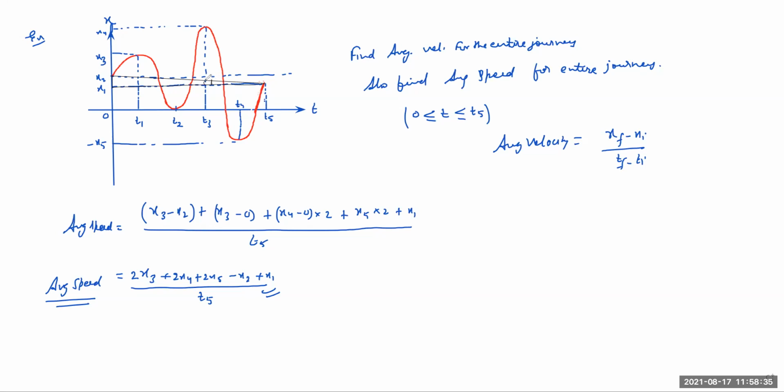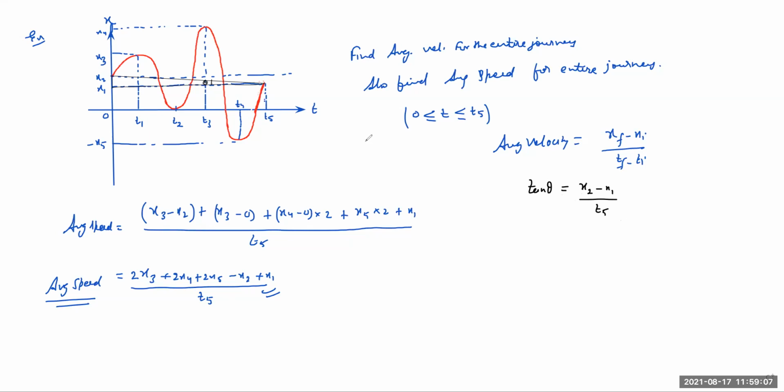This is the triangle, and what you can write is tan theta equals how much? What is tan theta? It's x2 minus x1 upon t2, by t2, right?